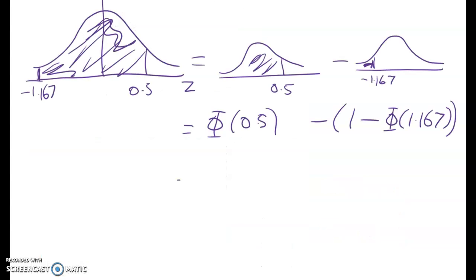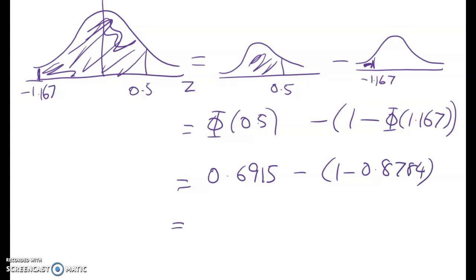Now we can go back to the problem and say, well, we want 0.6915 minus 1 minus 0.8784, and when you chuck that into your calculator, you get 0.570 to 3SF. So that's the first bit done.